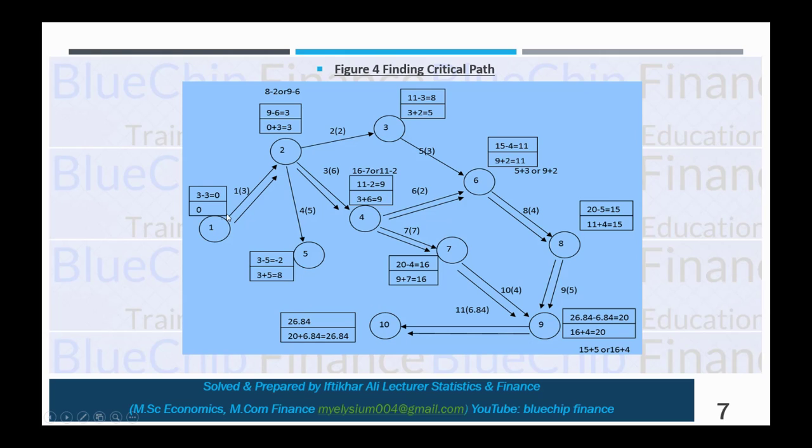So there are different possibilities. If we look here, there is one possibility: node 1 to 2, 2 to 3, 3 to 6, 6 to 8, 8 to 9 and 9 to 10. That is one possibility.